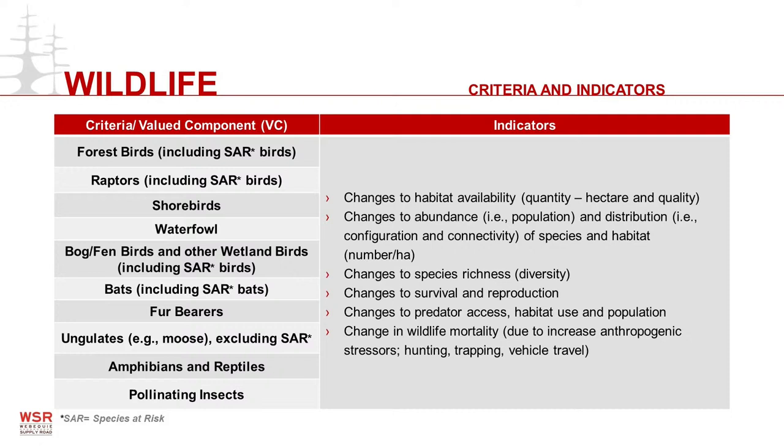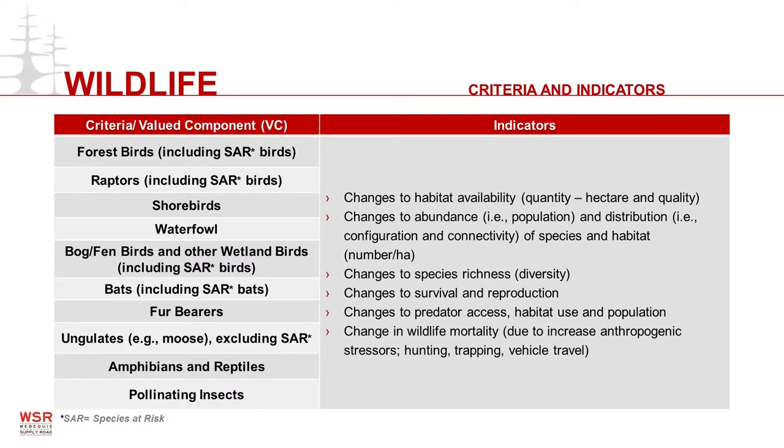So all those valued components would have the same general indicators. Let's go through these just to help illustrate what I mean when I talk about indicators. Some of them could be changes to habitat, what we call habitat availability, which is a combination of both quantity, so let's think of land area or water area, and quality of that habitat.